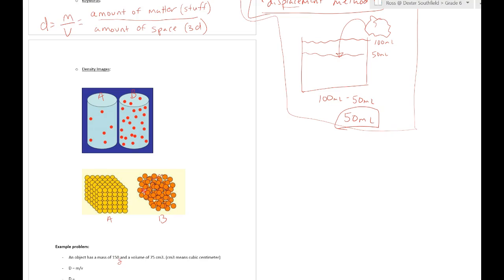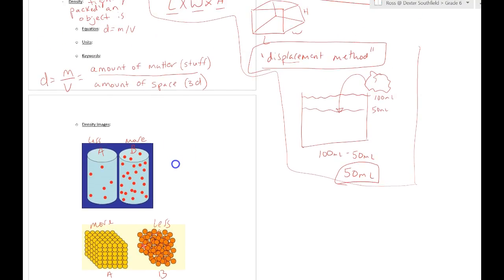These dots don't look as tightly packed in B as they do in A. A looks like they got really packed tightly into a cube. B looks like they probably got some space to move around. So B would be less dense. This would be less dense. This would be more dense. And the opposite for up here. This would be less dense. This would be more dense. Be packed with red dots.